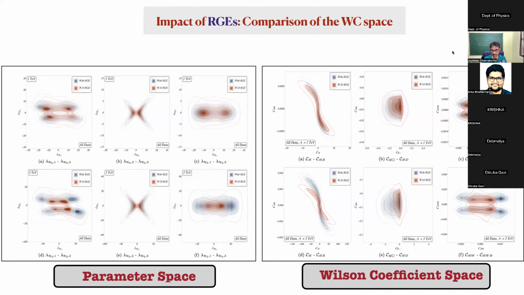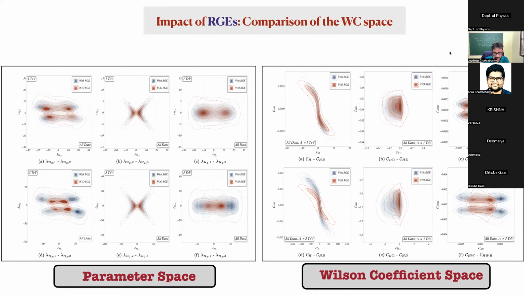And if I get time tomorrow, I'll be talking about some impact from the dimension 8 operators, and then we'll really find out that RGs are playing an important role. But again, one has to be very careful to switch on the RGs. Why? Because when we integrate out, we have a clear-cut idea about which operators are generated at one loop and which operators are generated at tree level.